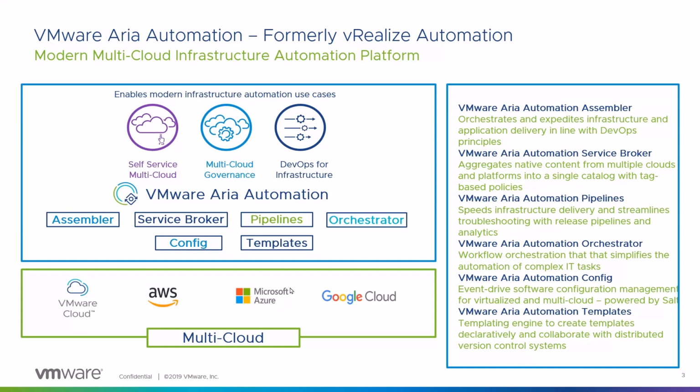It has multiple services such as the Assembler, the Service Broker, the Pipelines, the Orchestrator, the Config, and the Templates. In this session, we'll be focusing primarily on the Aria Automation Assembler and the Aria Automation templates within the Assembler module.